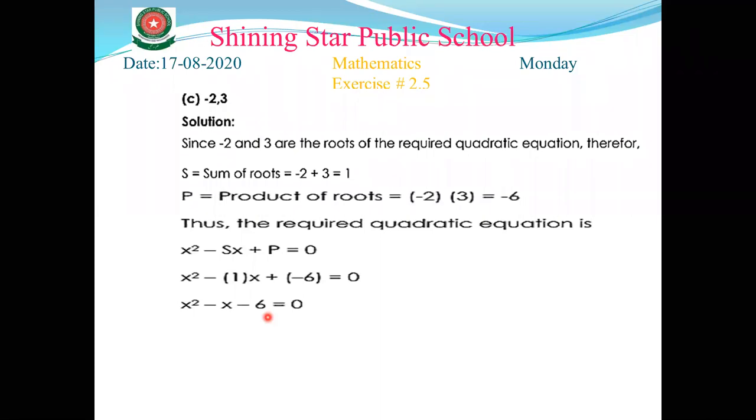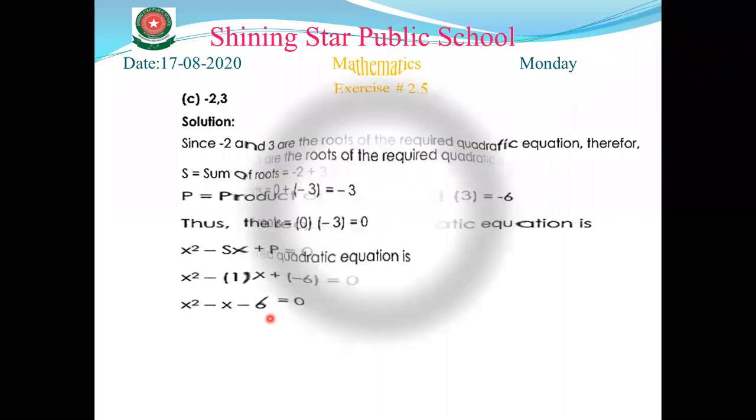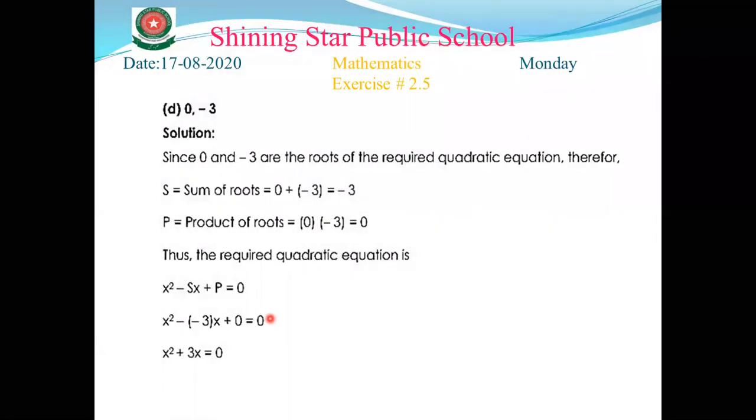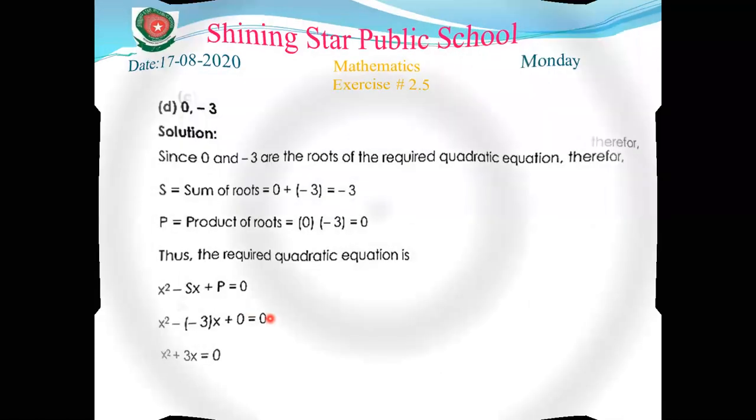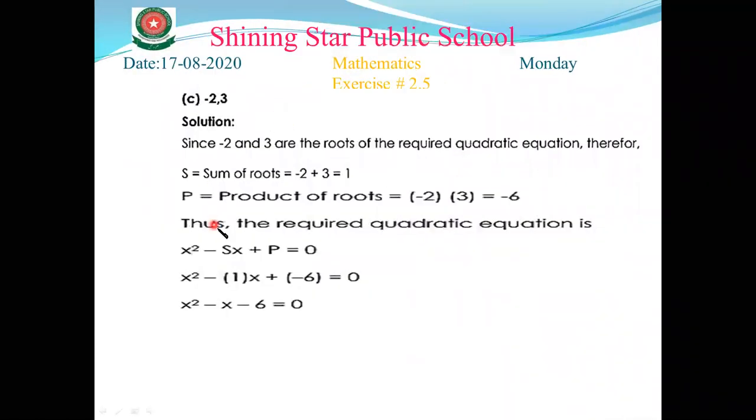Next, you can also check your answers. When we say that x square minus x minus 6 is the quadratic equation whose roots are minus 2 and 3, you can also check your answer. And how can you check your answer?